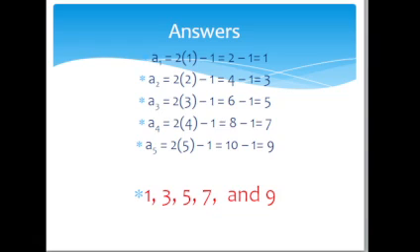The fourth term is 2 times 4 minus 1, that is 8 minus 1 equals 7. And the fifth term is 2 times 5 equals 10 minus 1 is 9. So the first 5 terms are 1, 3, 5, 7, and 9.